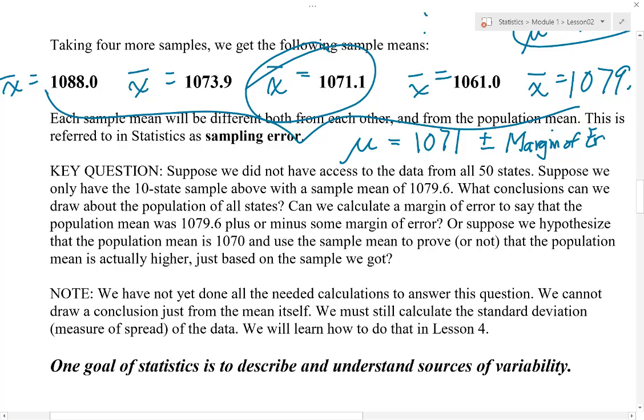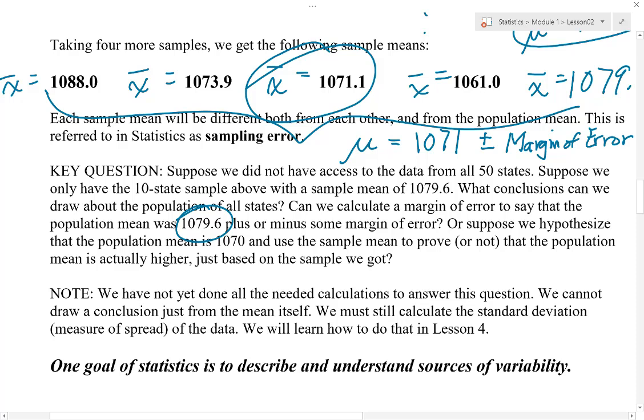You see margin of error on polls all the time. 46% plus or minus 3.5%, that type of thing. So 1071, we're going to say the population mean is 1071 plus or minus some margin of error. Now, how we calculate the margin of error, that we're going to find out toward the end of the course. But the idea is that's what inferential statistics is, and that's what we're building toward. So I use 1071, but again, whatever sample data you get.